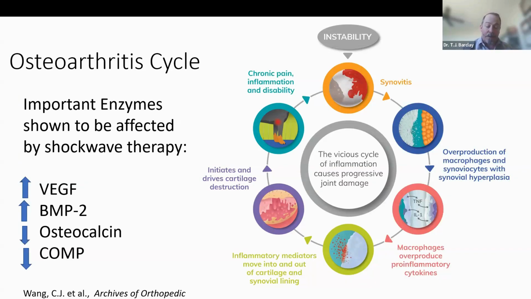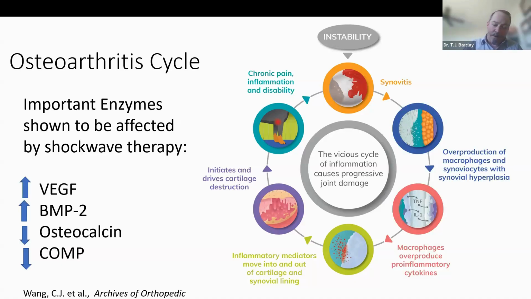Those macrophages produce a variety of different enzymes that actually increase the inflammation in that joint, and you wind up with cartilage degradation, which again induces more inflammation, and the cycle just perpetuates itself.